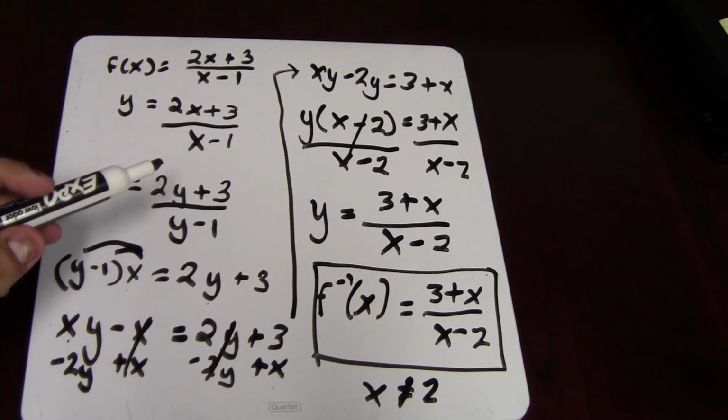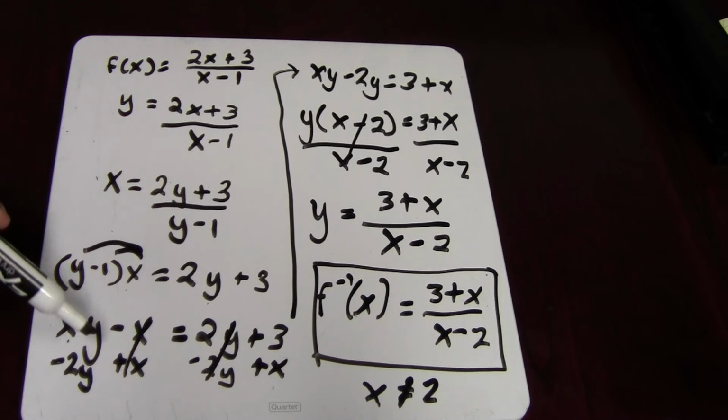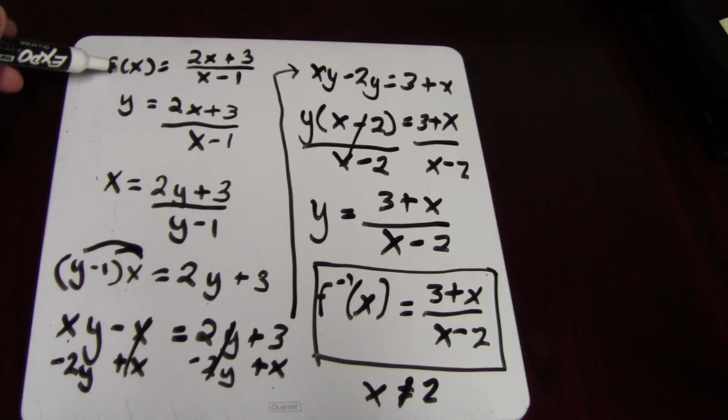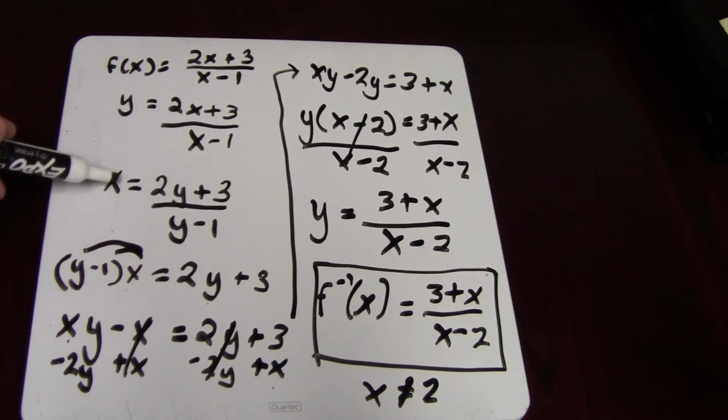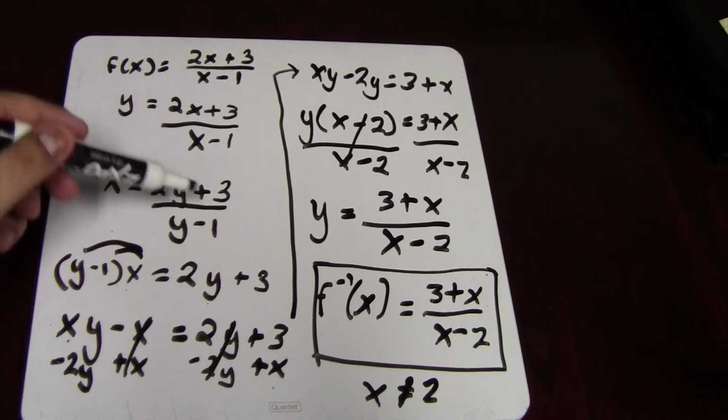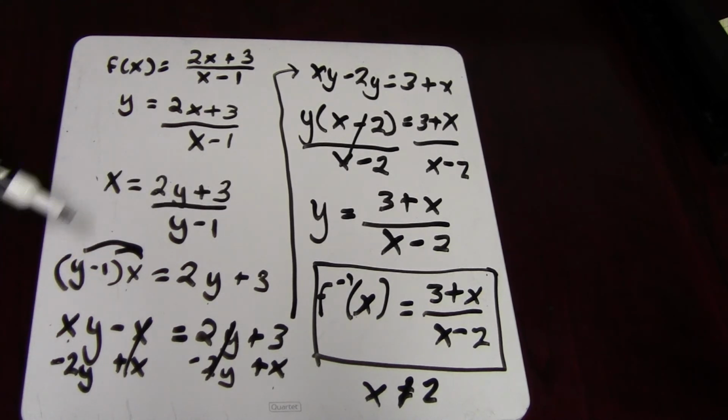So let's recap and go back through just to make sure it's completely understood. Started with the function. We took the f of x, changed it to y. We then swapped the variables, y's for x's and x's for y's. We then multiplied both sides by y minus 1 to get here.